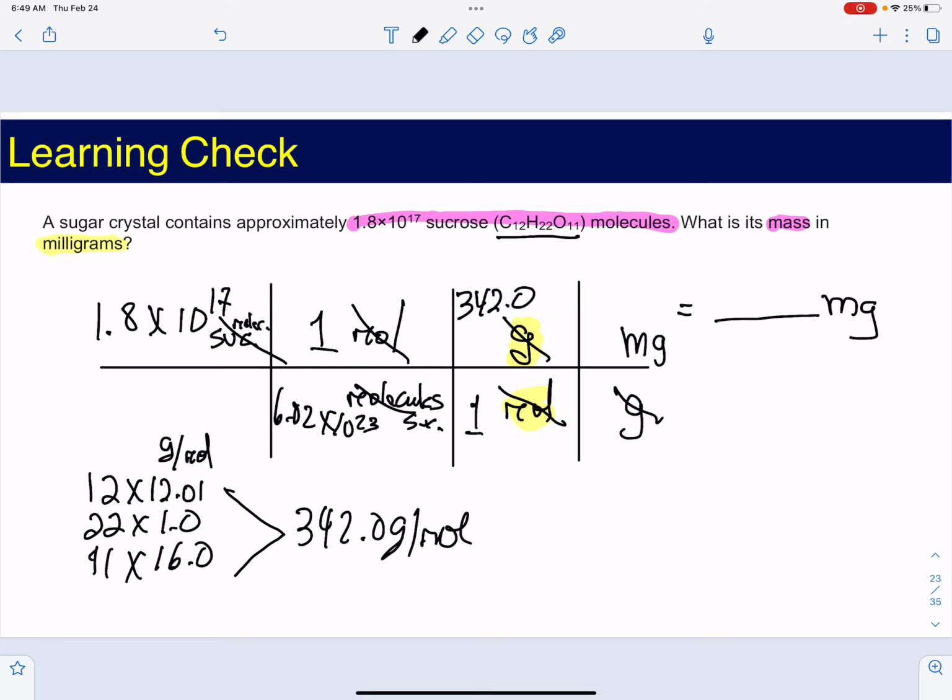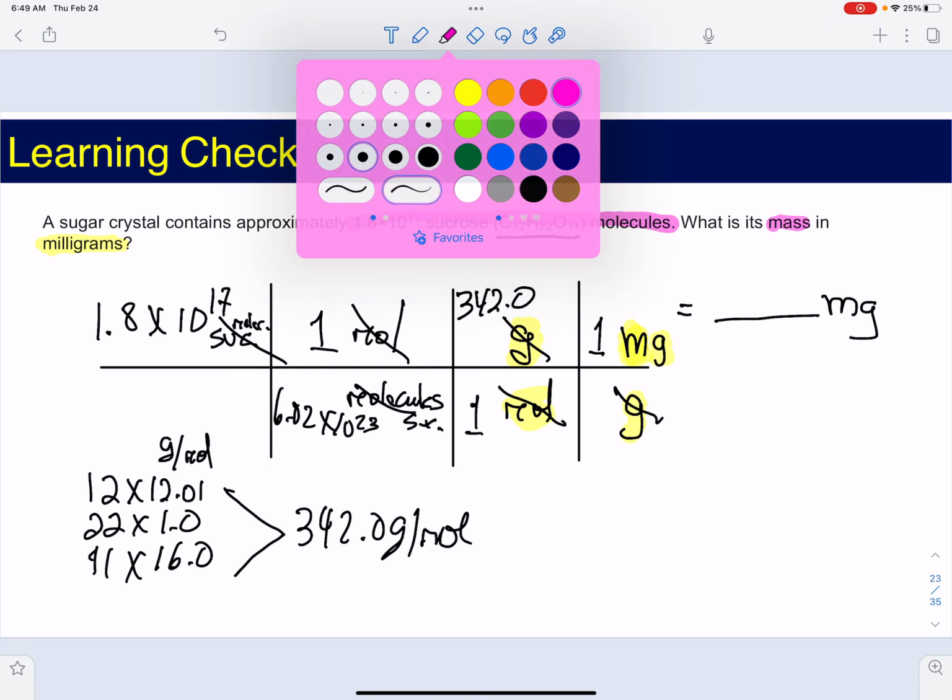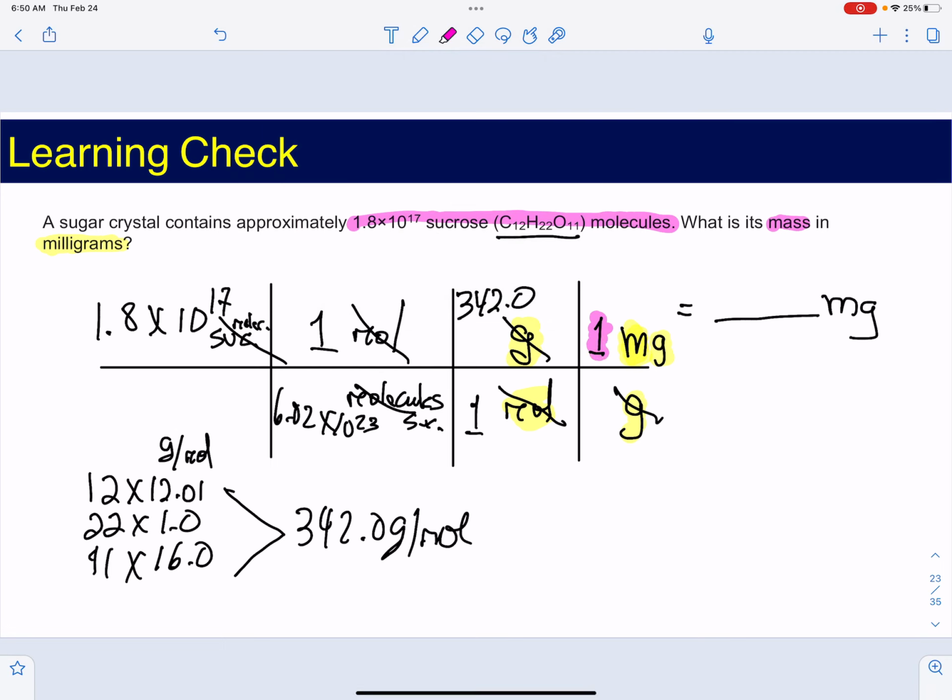And then we have to find the relationship between milligrams and gram, right? So 1 milligram, I always like to put wherever the prefix is when I'm doing the same unit, right? Whatever the prefix is, that's where I like to put my number 1. And then milli, which means 10 to the minus 3, goes down here.